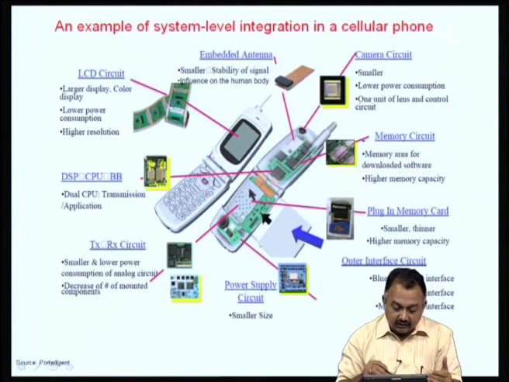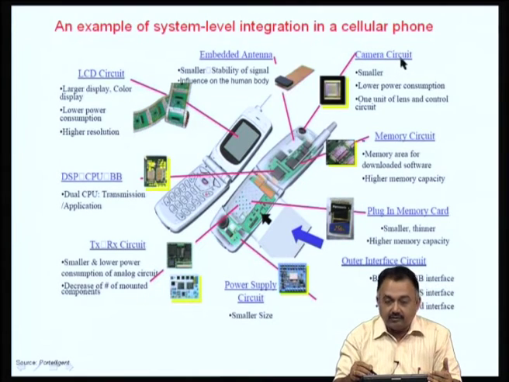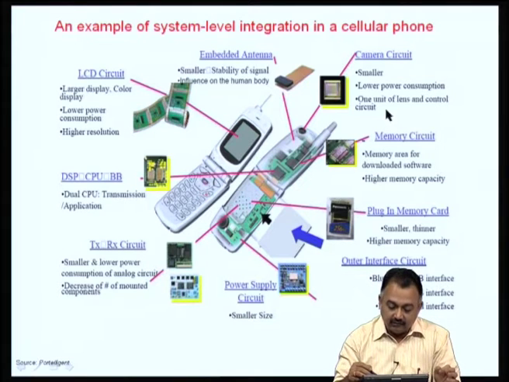Now, I will just list out the various components. You can see there is embedded antenna circuitry on this particular board. So, you have to work on antenna design if you are an electrical engineer. Camera circuit today, because the camera has become very important and the preferred choice. So, it should be smaller, low power consumption, then they should have a lens and control circuit, and all should be very small.